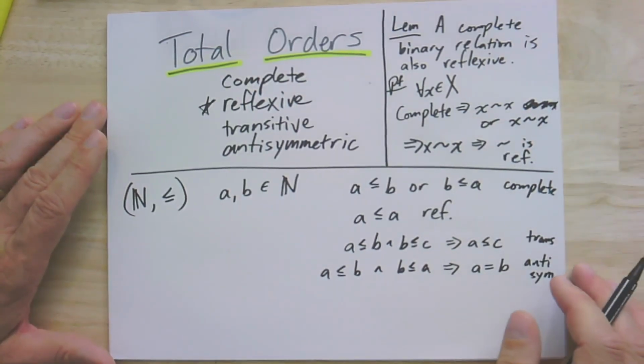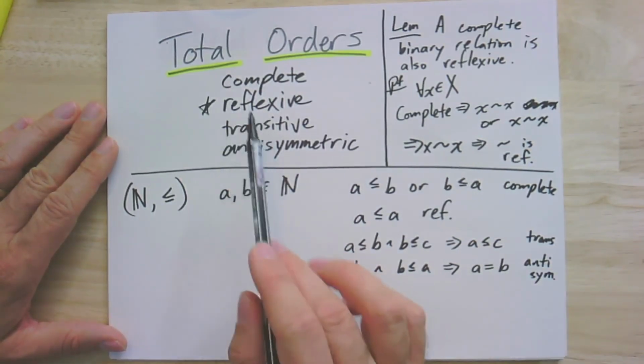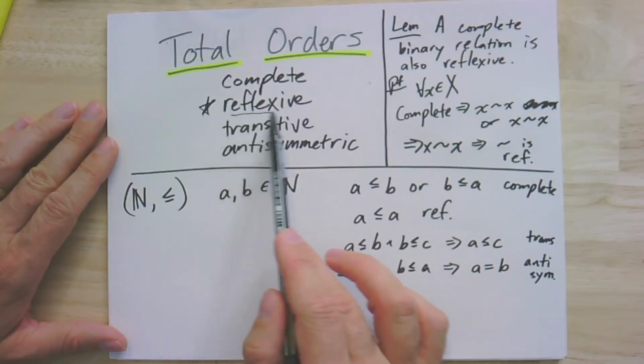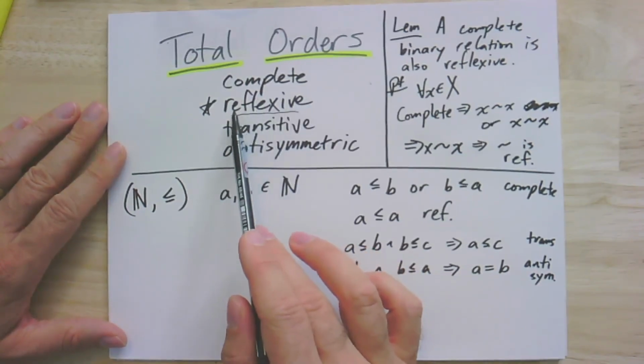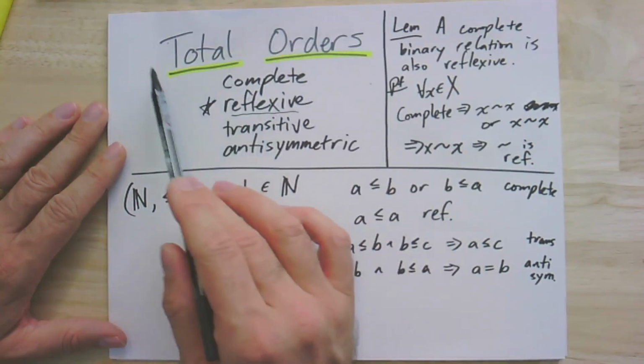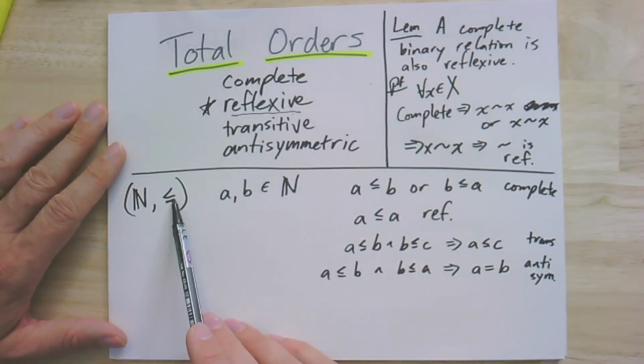Now, I could have left it out, but I didn't, because it's really handy to remember that when we talk about orderings, even though it would be nice to think of strict orderings, most of the time when we say a total order, it also includes reflexivity, which means it's the less than or equal to.